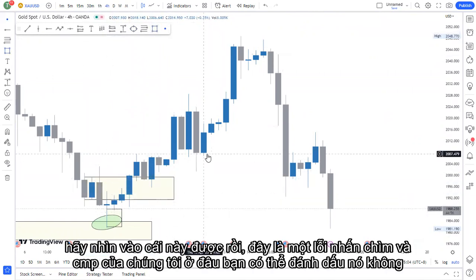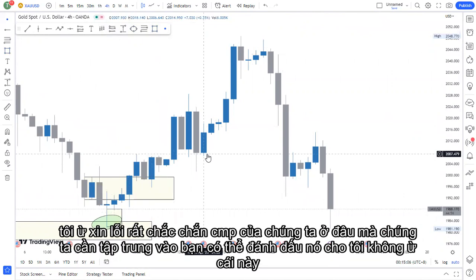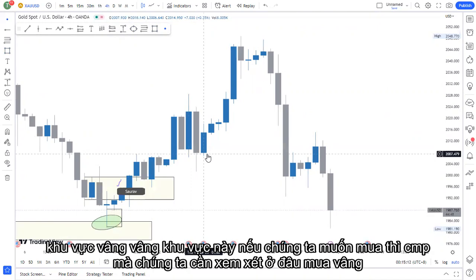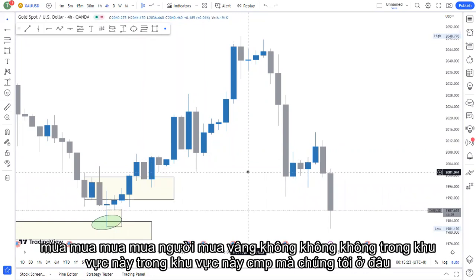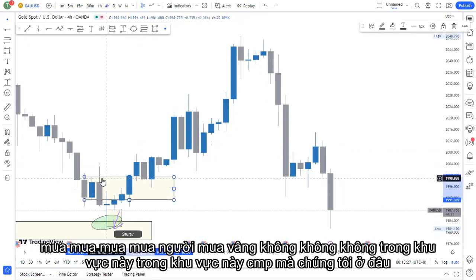And then where is our CMP? Can you mark it for me? Where is the CMP that we need to focus on? If we want to buy, in this zone, where is the CMP that we need to look for?